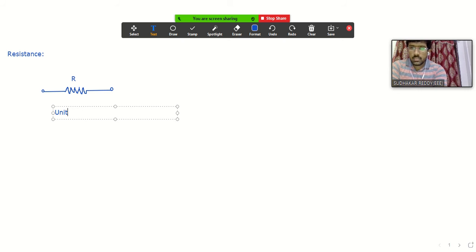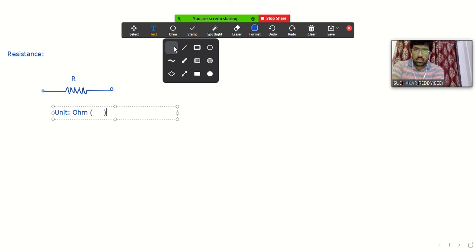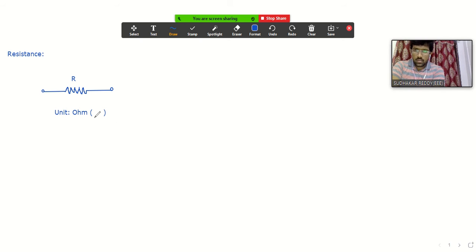So the unit for the measurement of this resistance is ohm, OHM, and symbolically it is denoted like this. I will show you the symbolic representation of ohm. So this is how the symbolic representation of ohm looks.